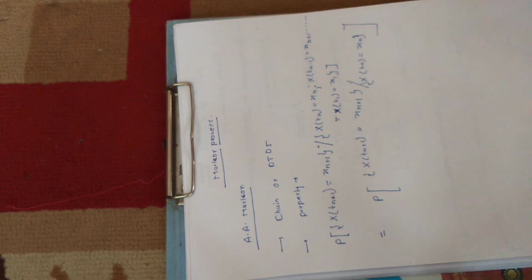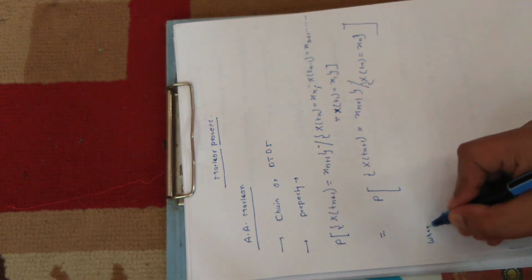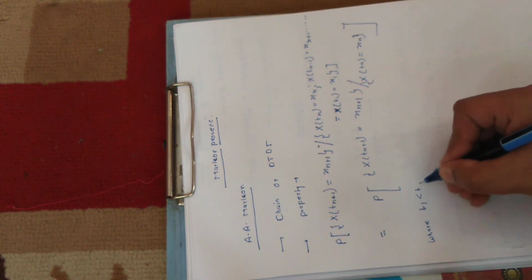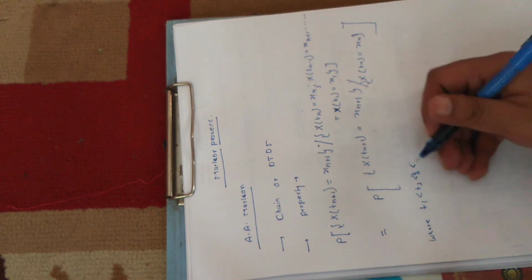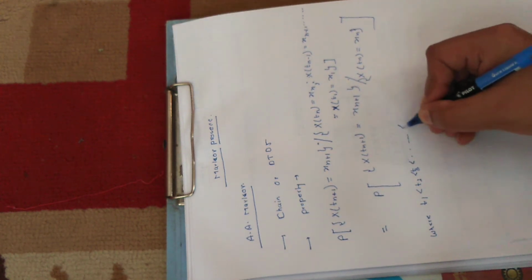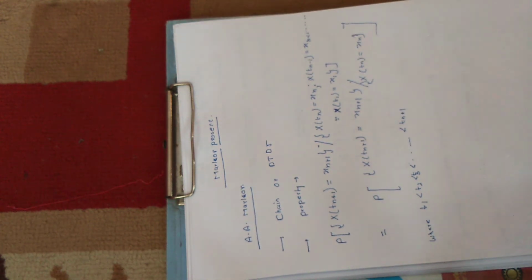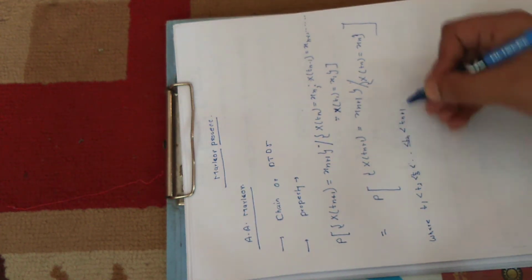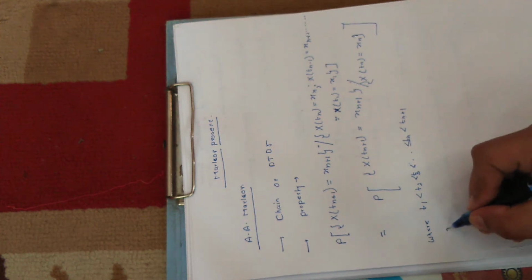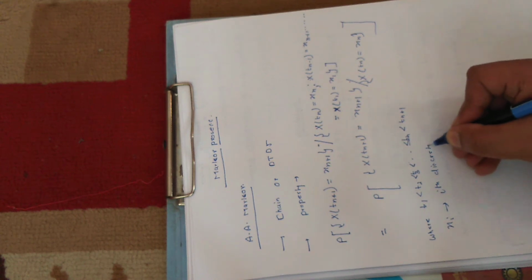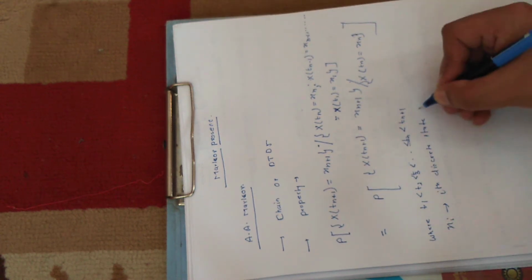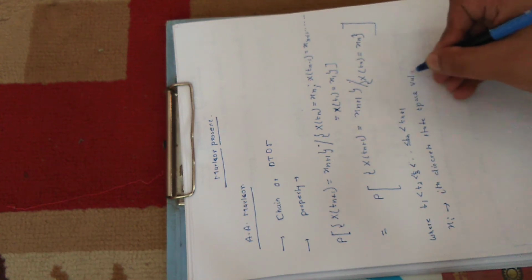This is the property of a Markov process, where t1 is less than t2, t2 is less than t3, and it goes until t_{n+1}. Similarly, x_i is the ith discrete state space value.